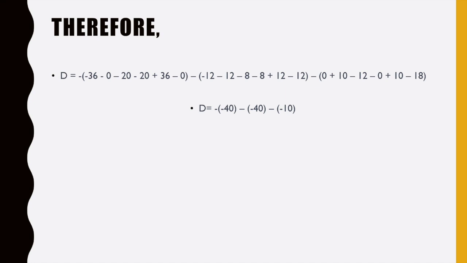Simplified further, D equals negative times negative 40 minus negative 40 minus negative 10, which gives us D equals 40 plus 40 plus 10. The final answer for our determinant is equal to 90.